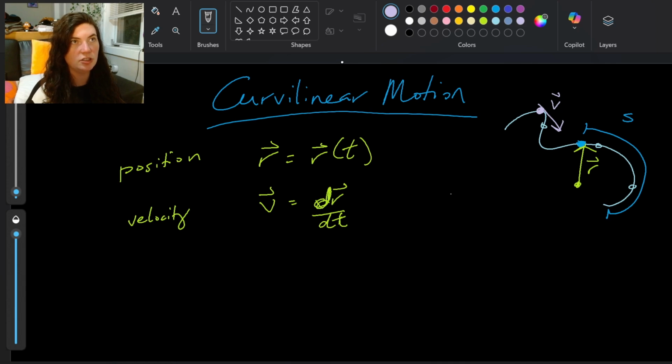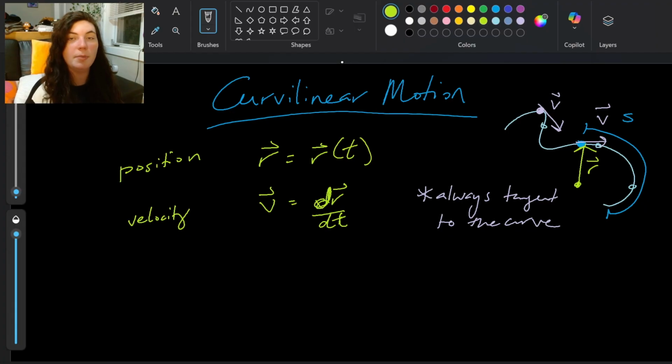Velocity is always tangent to the curve. So from some fixed point, we can find our position vector r, and then our velocity is going to be tangent to the curve.